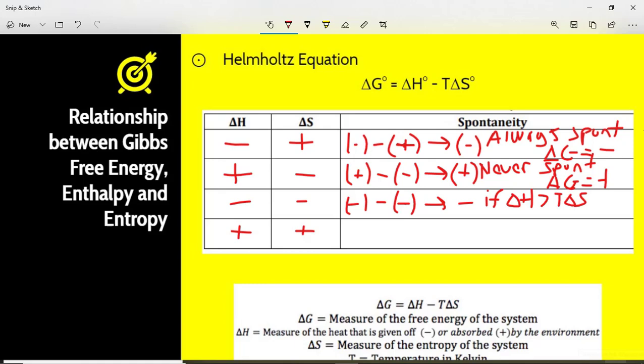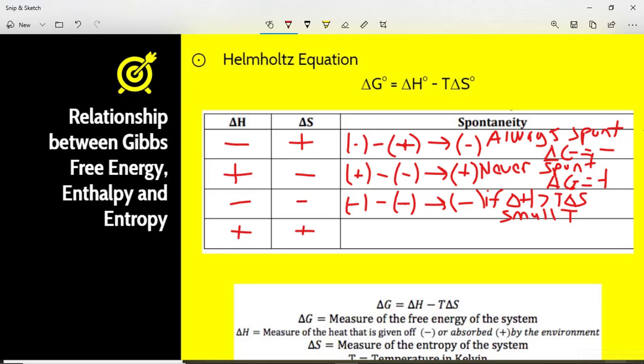So we know that T is involved in this. We know this value is negative if our temperature is small, because we're multiplying delta S by T. So if our temperature value is really small, then that makes delta H much greater than T delta S, which results in a negative delta G, which means that the reaction is spontaneous.